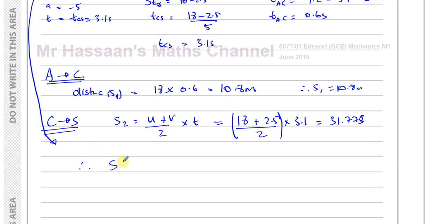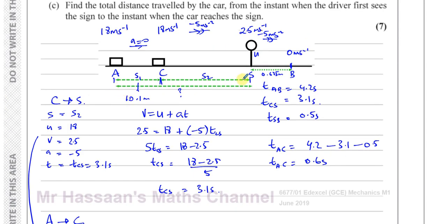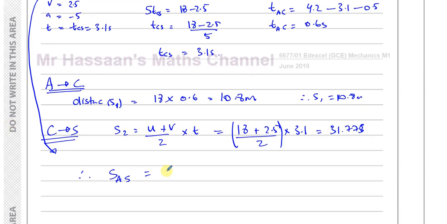So therefore we can say the distance between A and S, which is the difference between where he started and where he reached the sign, is going to be S1 plus S2. S1 we found was 10.8, wasn't it?